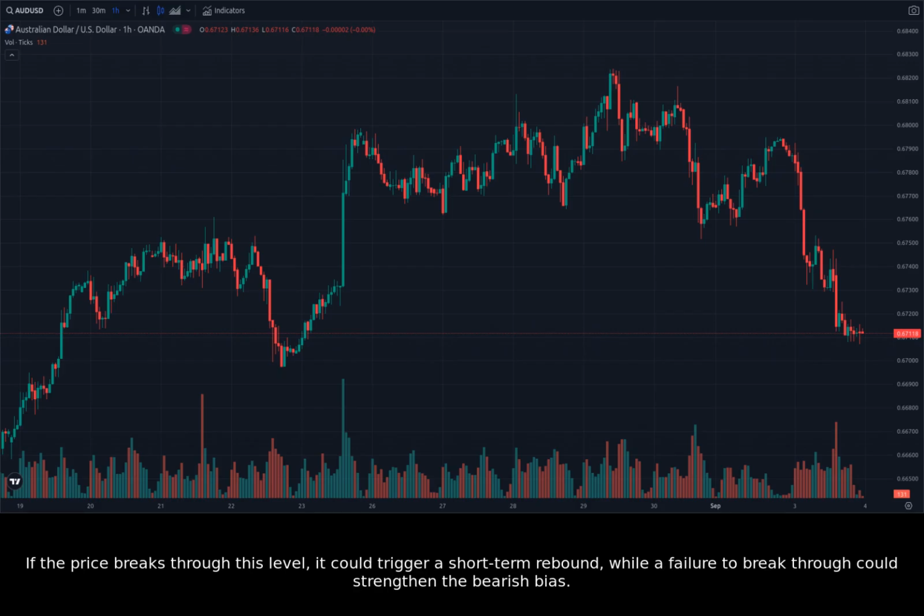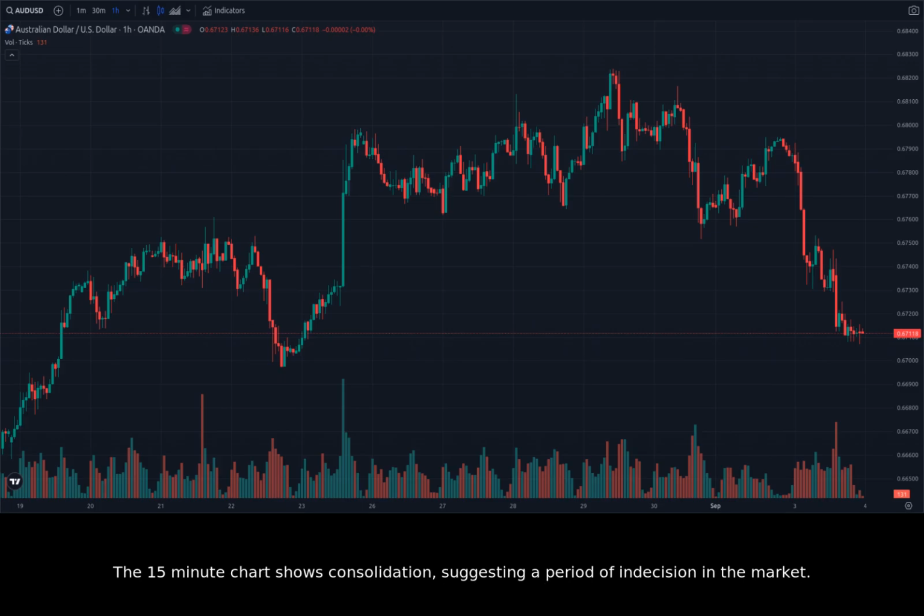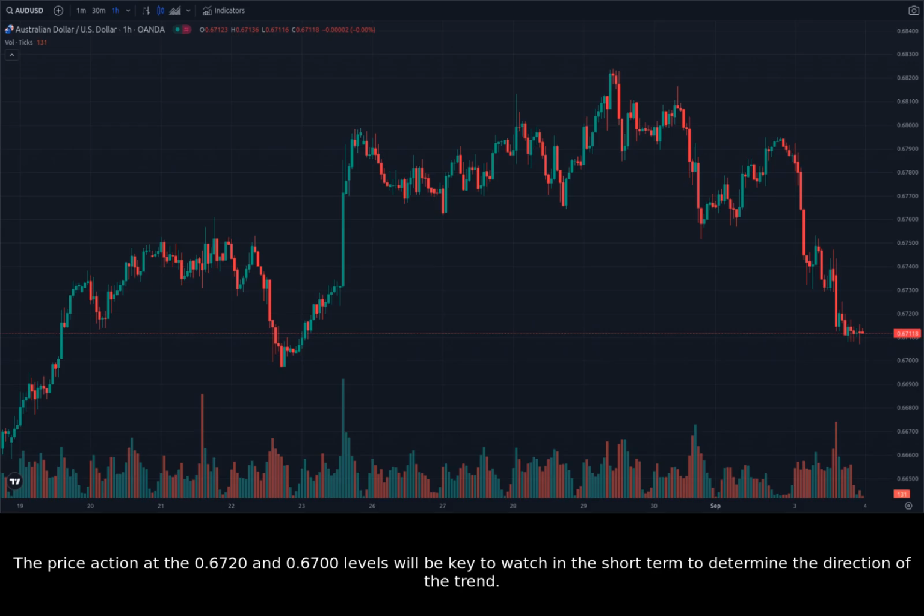If the price breaks through this level, it could trigger a short-term rebound, while a failure to break through could strengthen the bearish bias. The 15-minute chart shows consolidation, suggesting a period of indecision in the market. The price action at the 0.6720 and 0.6700 levels will be key to watch in the short term to determine the direction of the trend.